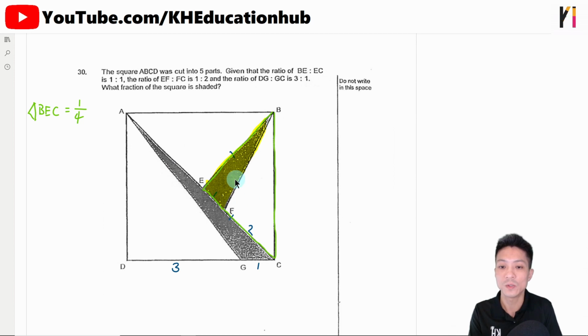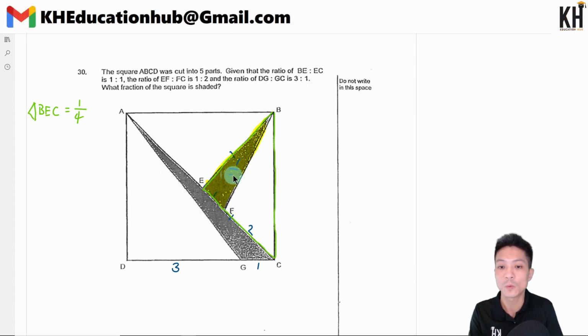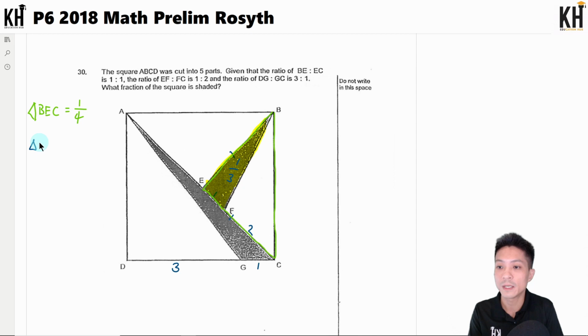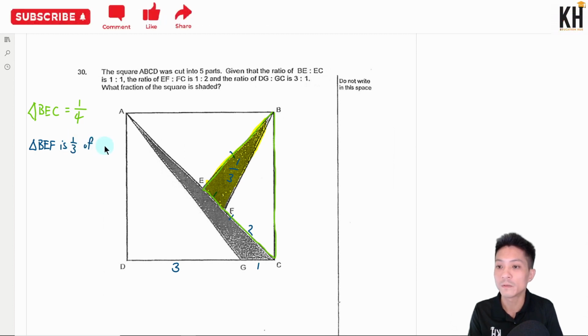And so the area of this is 1/3 of BEC. So I'm gonna write over here, triangle BEF is 1/3 of triangle BEC.